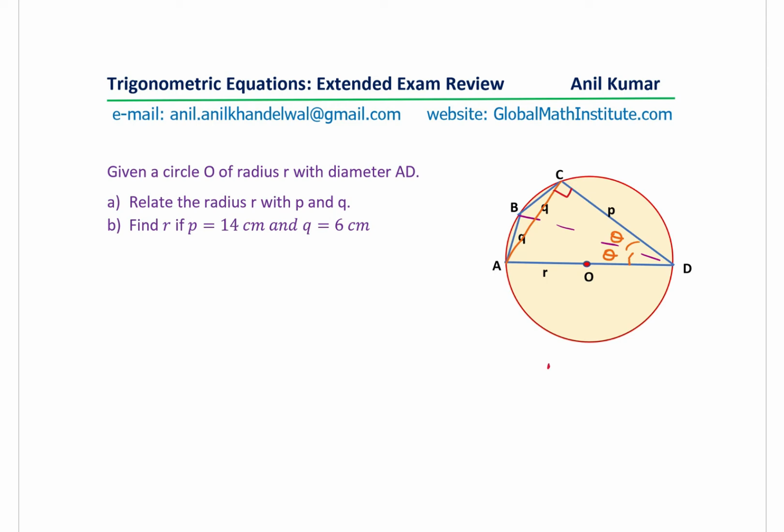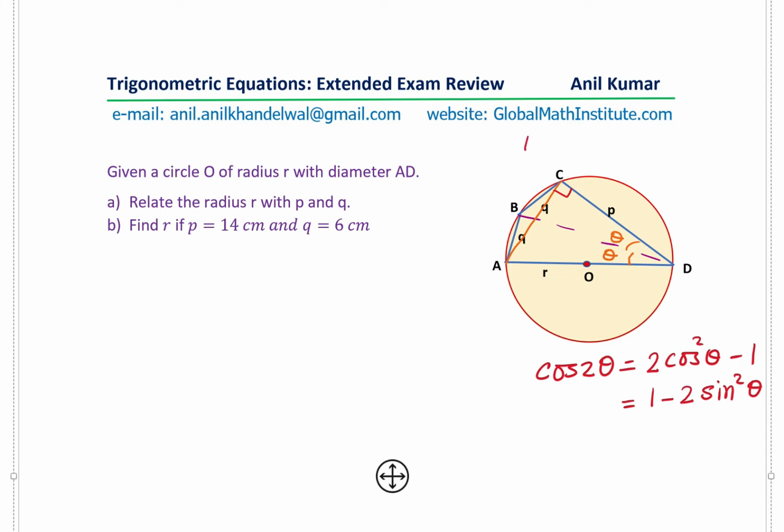One will be cos 2 theta, which could be written as 2 cos square theta minus 1, or it could be written as 1 minus 2 sine square theta. So that could be one of the formulas which you could use. That is a good hint for you.